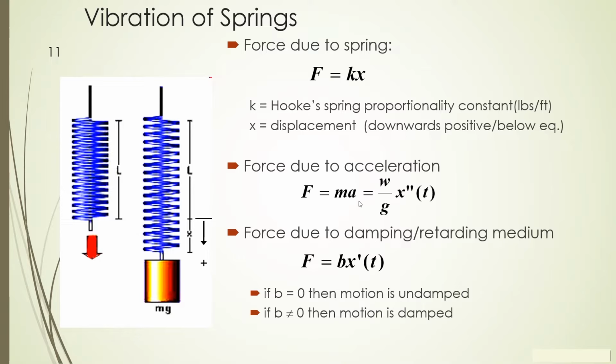Hooke's law, acceleration, and damping. And then the other one will be an external force. So for the damping, B equals 0 when the motion is undamped, meaning if there is no friction. But if it's damped, it's non-zero. Take note again that the displacement downwards is positive, or any point below the equilibrium is positive, any point above is negative.